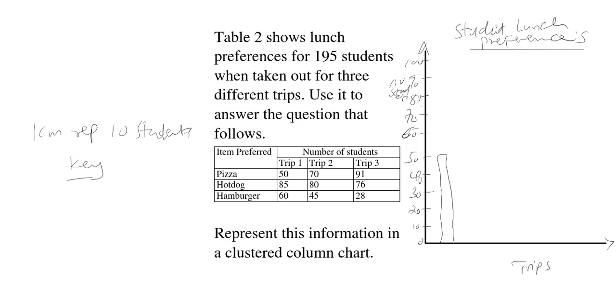We can have our pizza, shade it like that. We can have our hot dog, shade it with X. And our other item, we can shade it with zeros. So this is hot dog, and this is our hamburger.